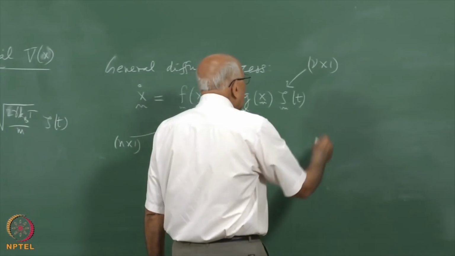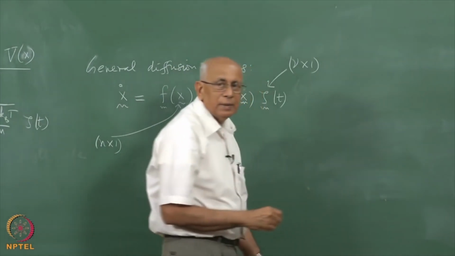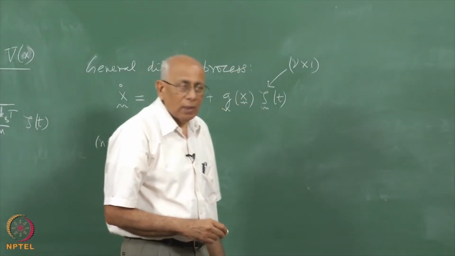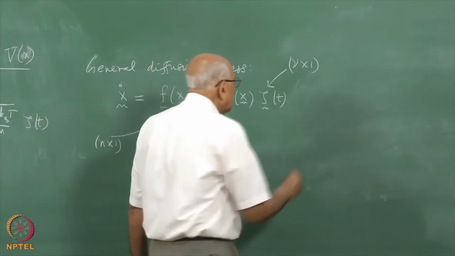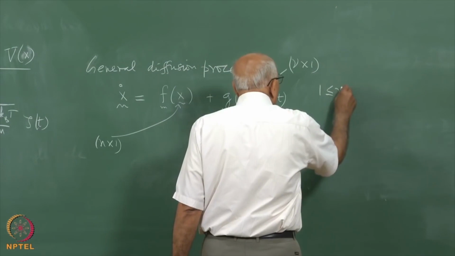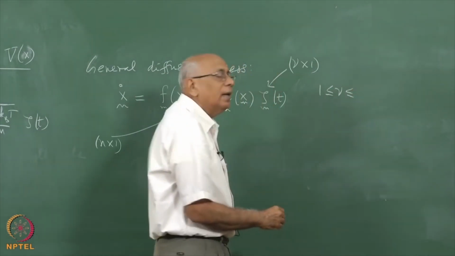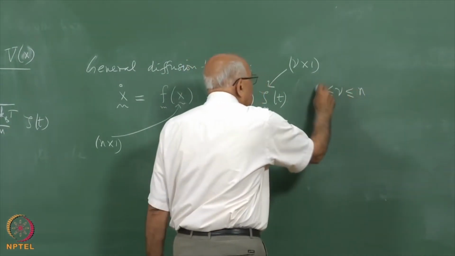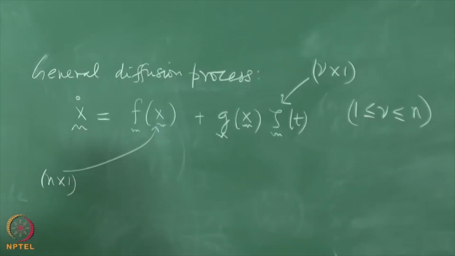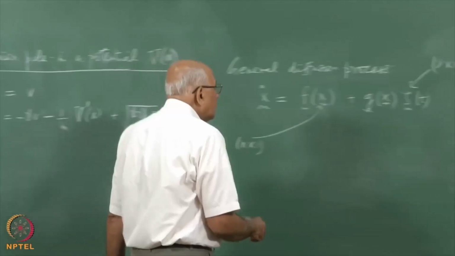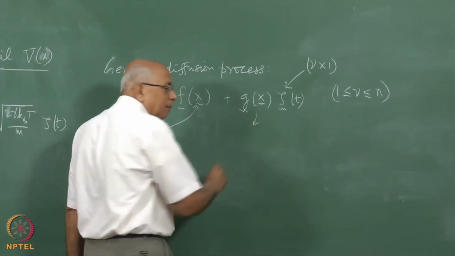And what is the smallest value that nu can have? 1. If it has 0, then everything is deterministic, we do not even have a stochastic equation. So 1 less than or equal to nu less than or equal to n, because all n of them might have noise, we do not care. Then what sort of matrix has this got to be?